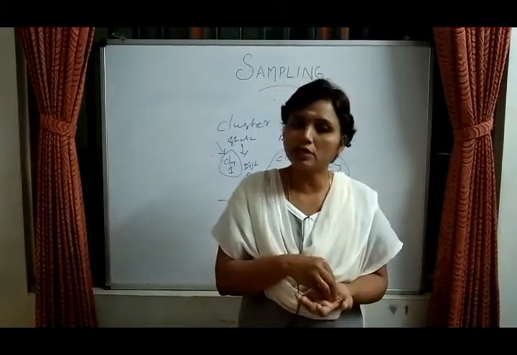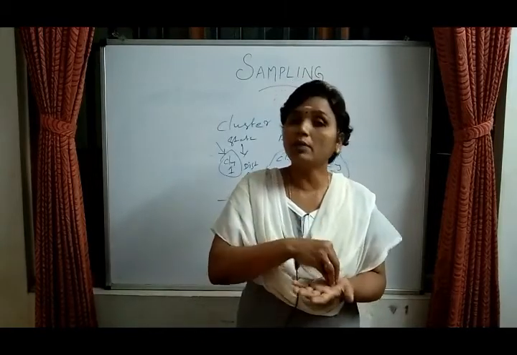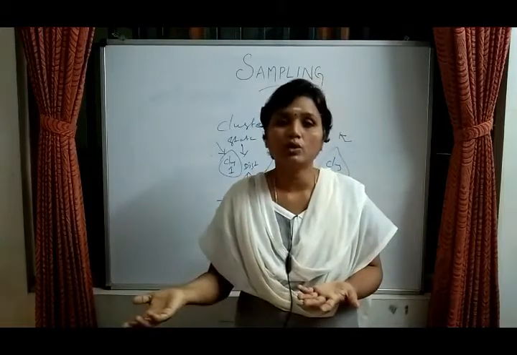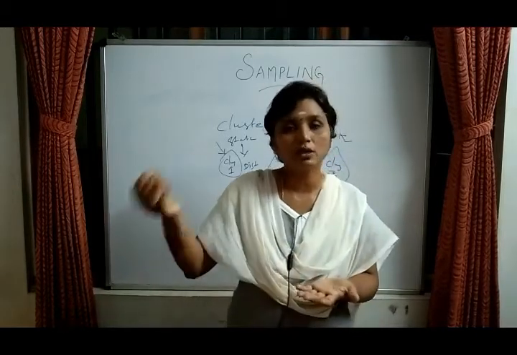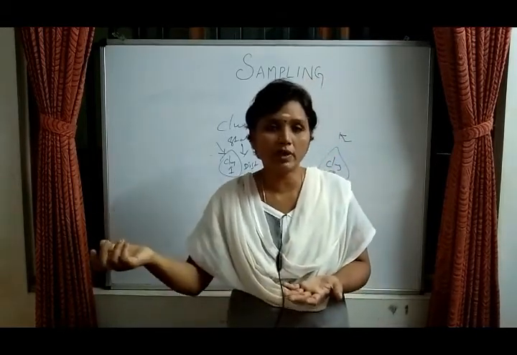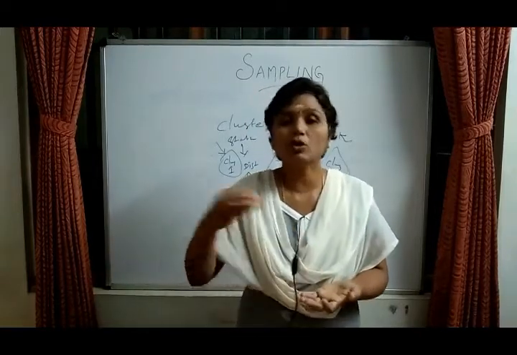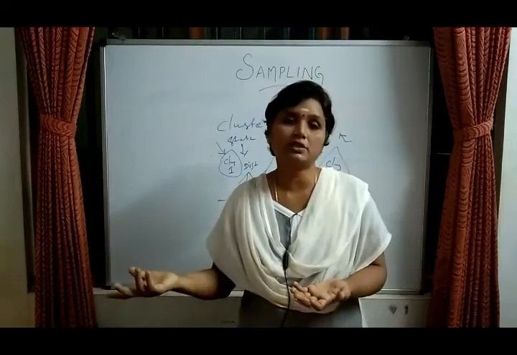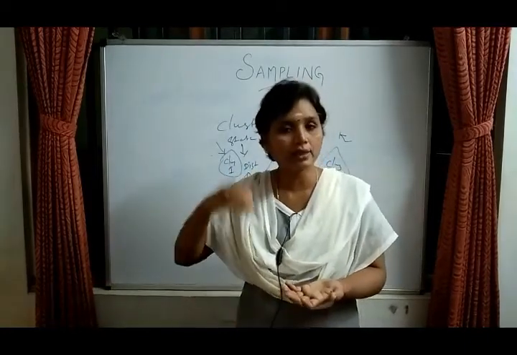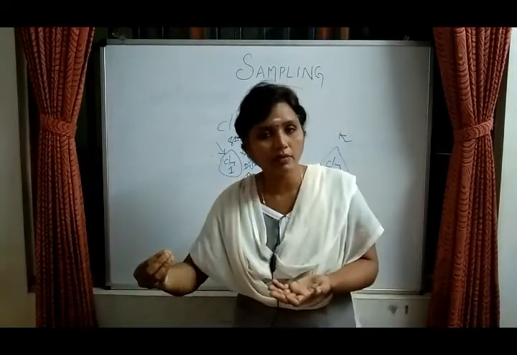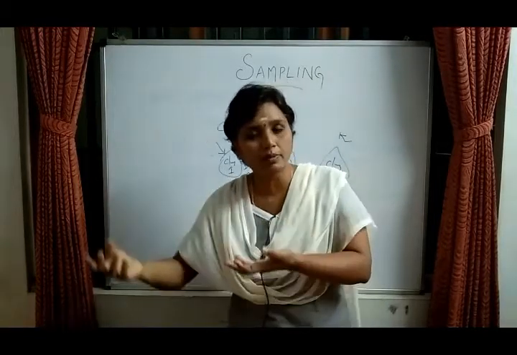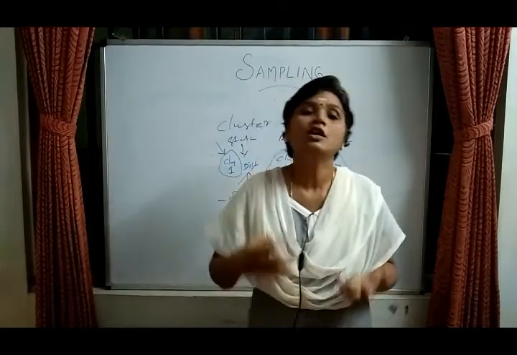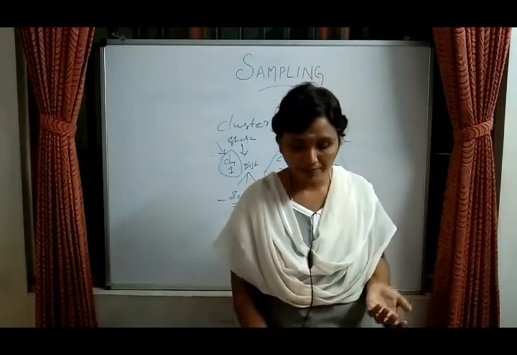So if you get sample number 1, sample number 1 will have the link to sample number 2, and he will give the information that in this area one person is available. Okay, and when we go and meet the second person, he will give the other person's details. Like this, the first person will give the second person's information, and the third person's information, and the chain will be continued. That is called snowball sampling.